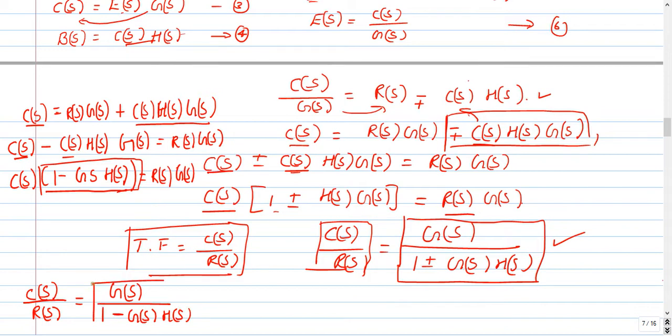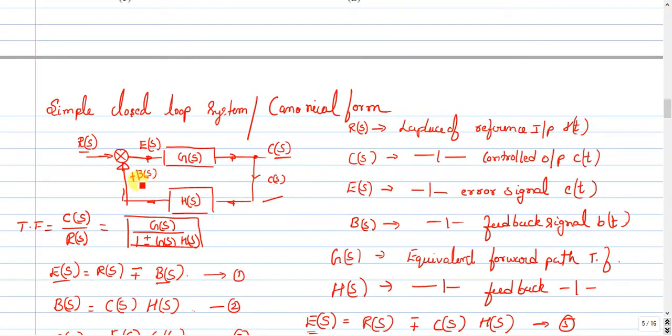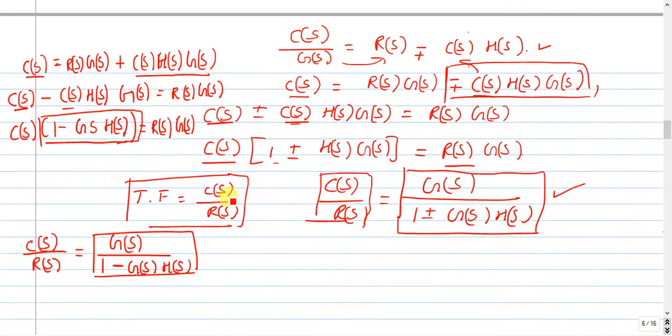If you see here, my feedback was positive, and while doing the conversion, I obtained my final transfer function as C of S by R of S equal to G of S by 1 minus G of S H of S, opposite to that, minus, because while simplifying I am shifting from LHS to RHS, so that I get the negative sign.